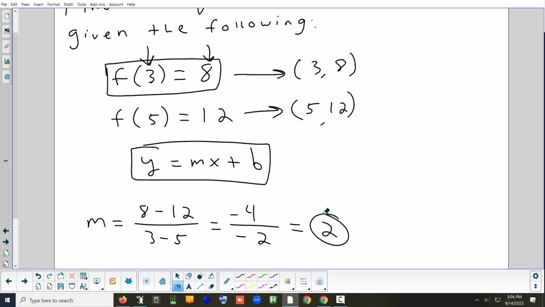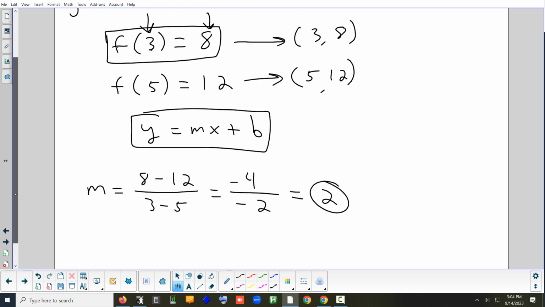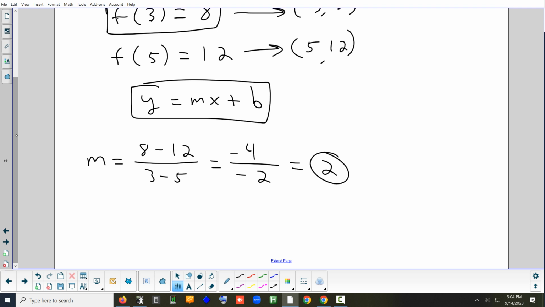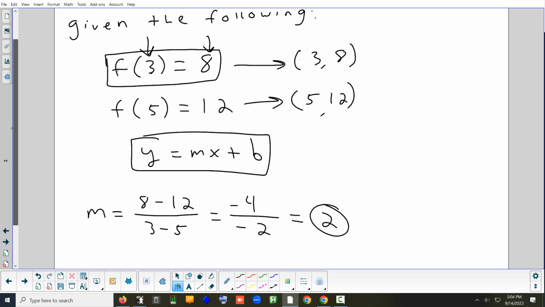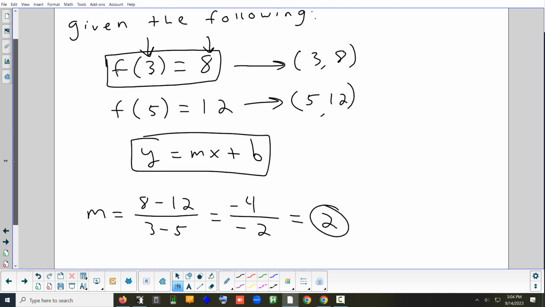And now, let's solve for the y-intercept. To solve for the y-intercept, I could use either one of these coordinates. One of them will be the x, one of them will be the y, and then I'm going to use 2 for the slope. So which coordinate do you want to use? 3 and 8? Okay. So what's the y value in that coordinate? 8.